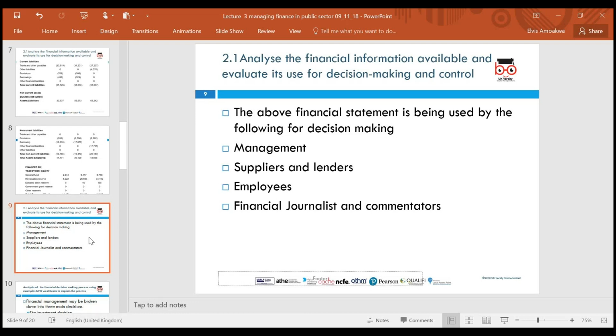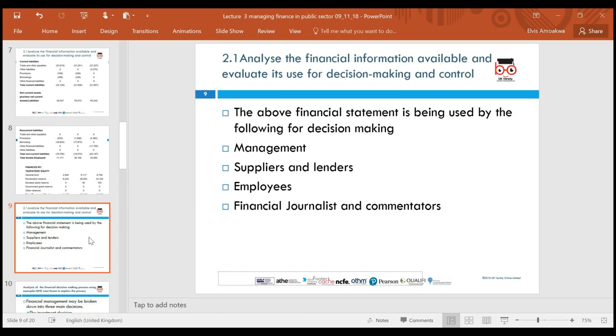For instance, if you want to buy shares in an organization, you would like to look at the financial statement to see if you buy shares in it, it will yield you any dividend at all. And then employees will also look at the financial situation. Is it something that I can be part of? Is this something that can pay my pension in future?